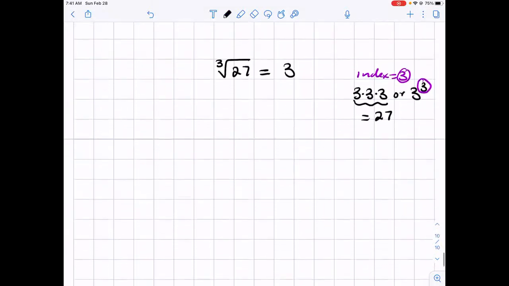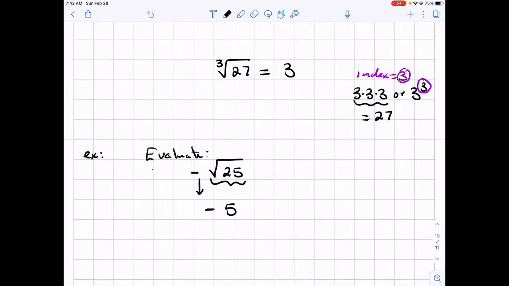Okay. If we look at another example, let's evaluate or simplify the negative square root of 25. Well, the square root of 25 is 5, and that negative just comes down.